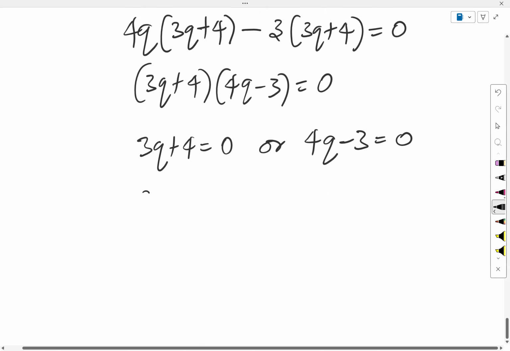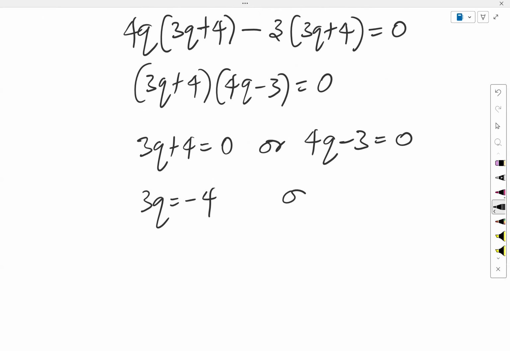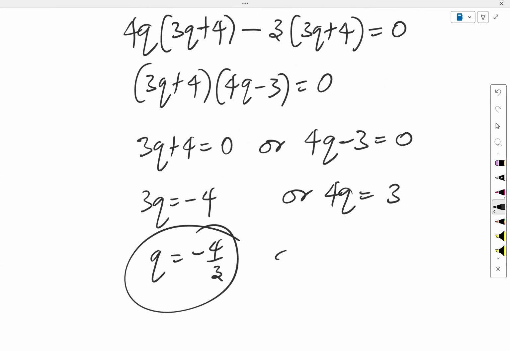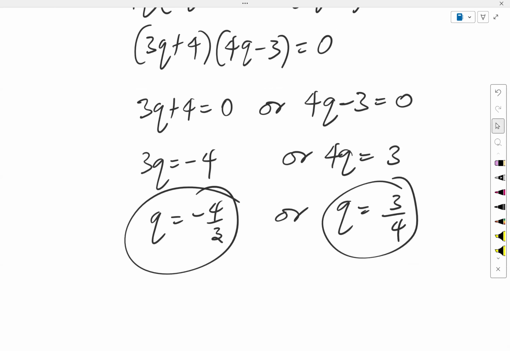So you have 3q equals minus 4, or 4q equals 3. That means q equals minus 4 over 3 when you divide through by 3, or q is 3 over 4. But we're told that... okay, maybe that's not a problem.